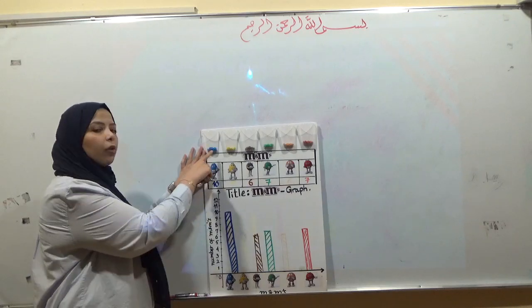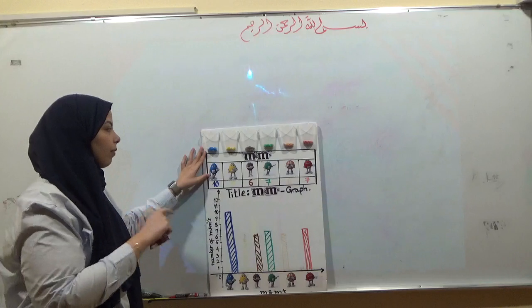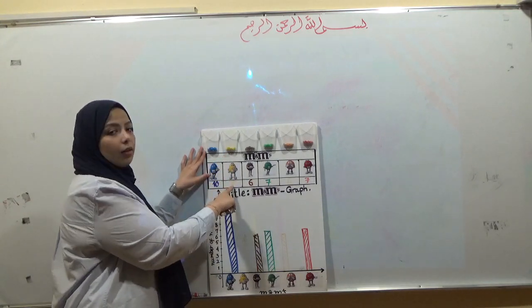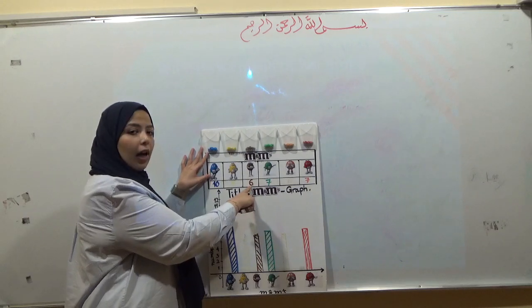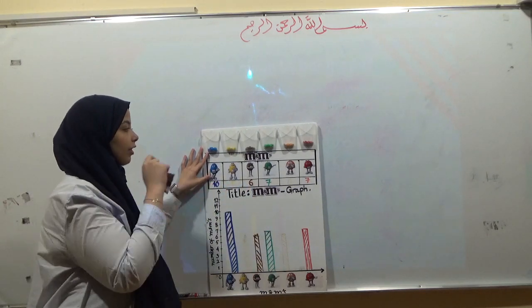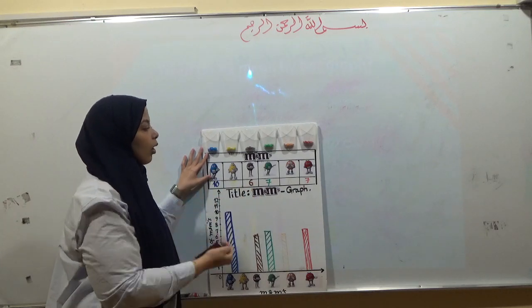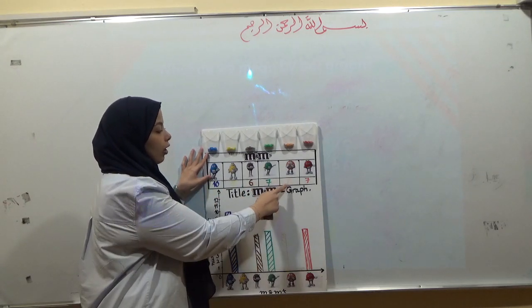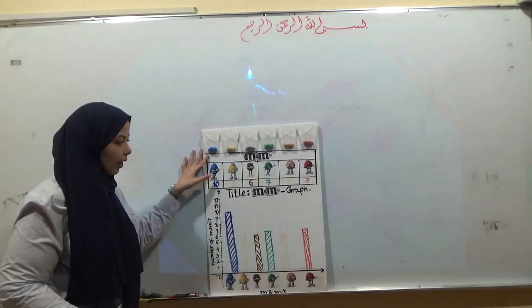When I counted the blue ones, I got 10 blues. For the yellow, I got 5 yellow candies. For the brown, I got 6. For the green, I got 7. For the orange, I got 6. And the last one, for the red, I got 7.